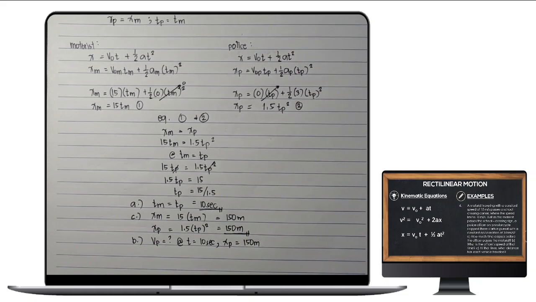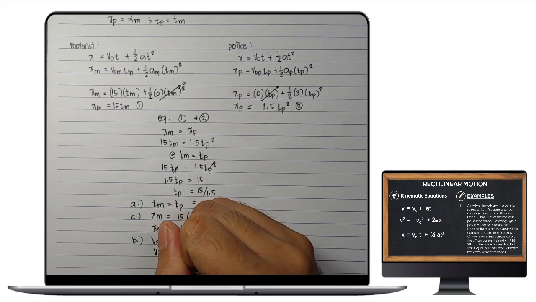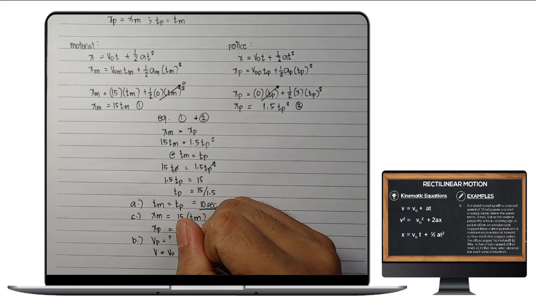So, we may use the first formula, since we are given the acceleration, time, and velocity, or we can use the second one. Okay, so let's say using the first formula, v is equal to vo plus at.